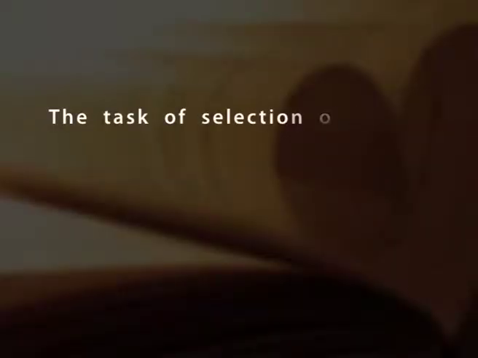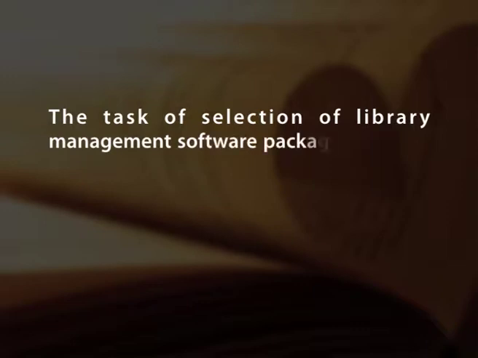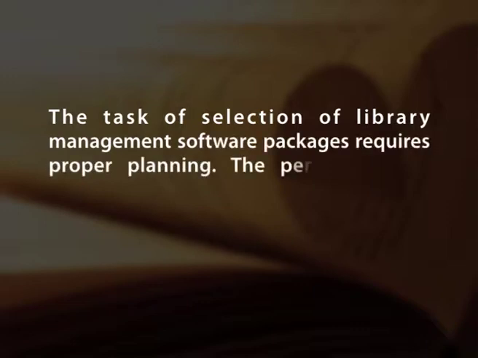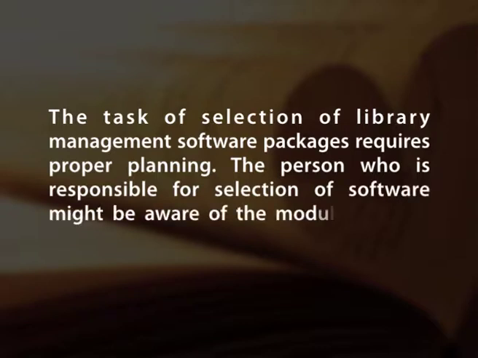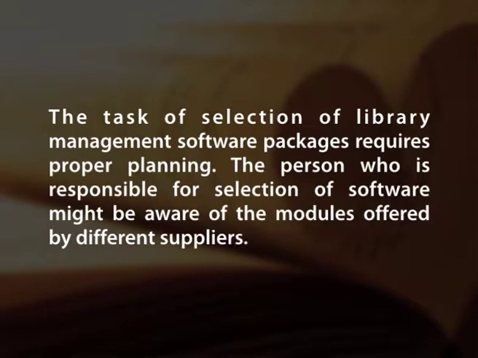The task of selecting library management software packages requires proper planning. The person who is responsible for selection of software should be aware of the modules offered by different suppliers. They should know the critical factors like cost of hardware and software, training, maintenance, support, upgrade, etc. They must evaluate the credibility of the supplier and must be able to make a short list of software packages and suppliers.